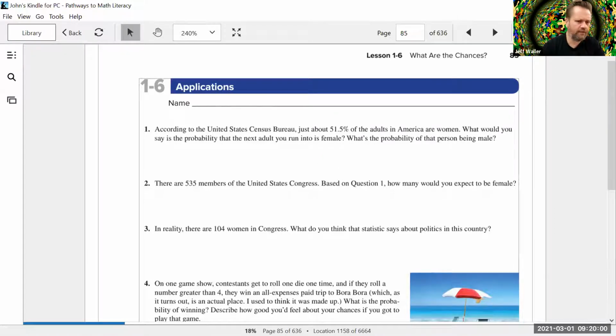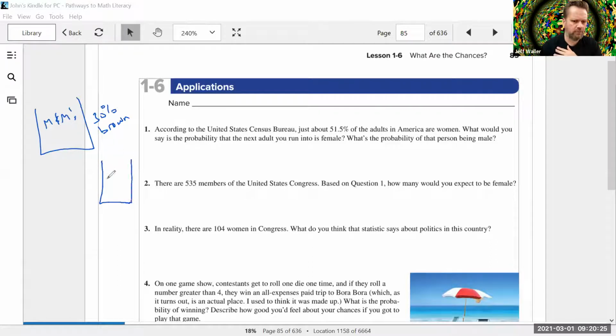If I ate a lot of M&Ms, and I kept track of the colors, and I noticed that 30% of the M&Ms that I was getting were brown, what would be the probability that I go into a new bag and get a brown one, based on my observations?